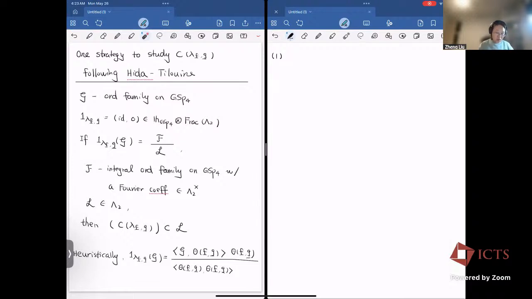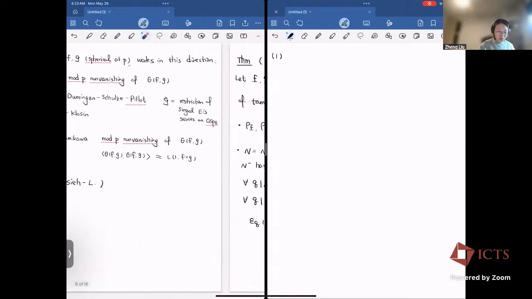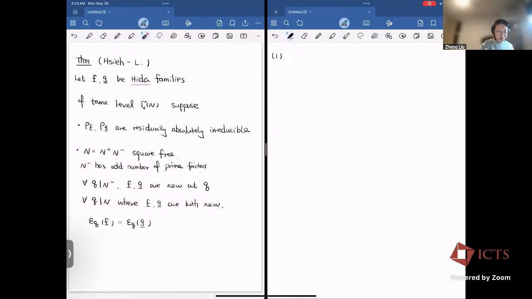So the first result will be constructing this family, and also because I want the numerator to be a primitive, having a unit Fourier coefficient, I need to make sure that this family has a Fourier coefficient being a unit. So that will be the first result I want to say here.